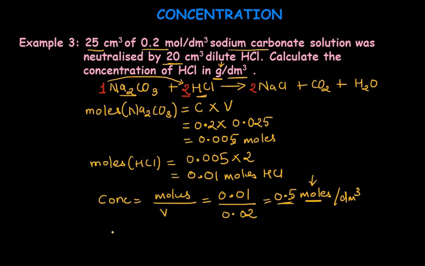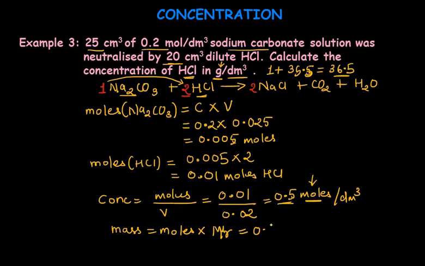To calculate the mass, we use the formula mass is equal to moles multiplied by the relative molecular mass, that is Mr. Now the Mr of HCl which we want to calculate is, we know it is 1 for hydrogen and for chlorine it is 35.5. So our answer is 36.5, which is the molecular mass of HCl. So we can use that here.